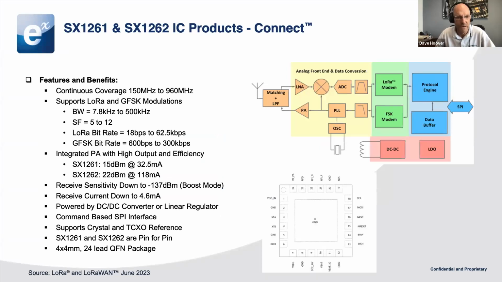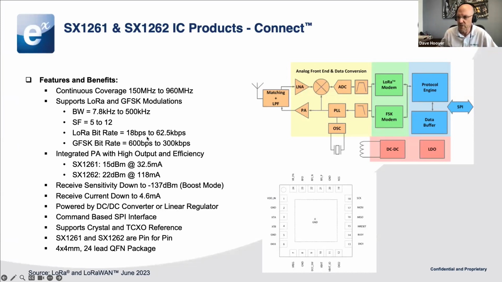So doing a little bit of a deeper dive into the 1261 and the 1262, you can see that it's got coverage in terms of the frequency spectrum across everything that LoRa needs. So it goes all the way from 150 megahertz all the way up to 960. So it covers all the regions that LoRa could be deployed at.